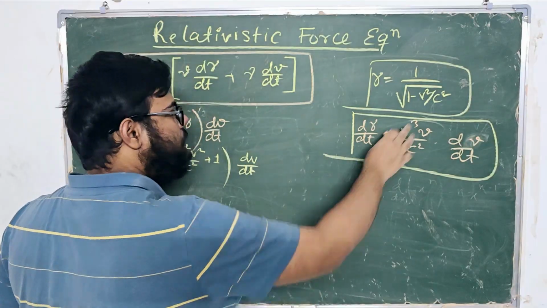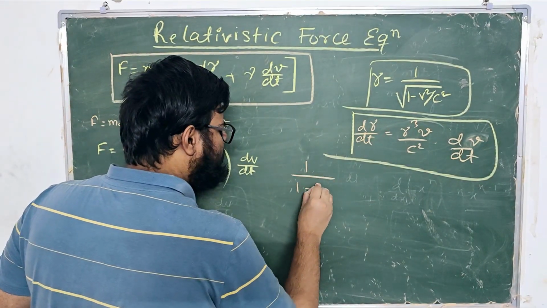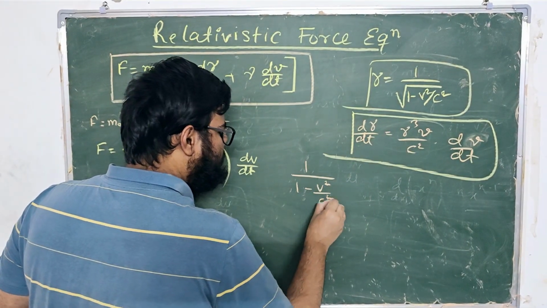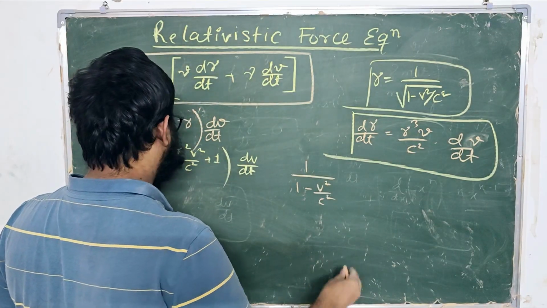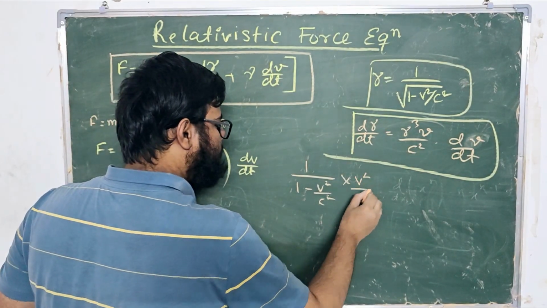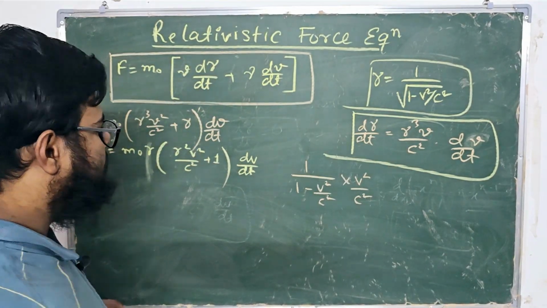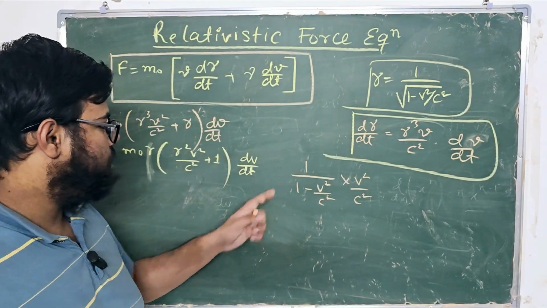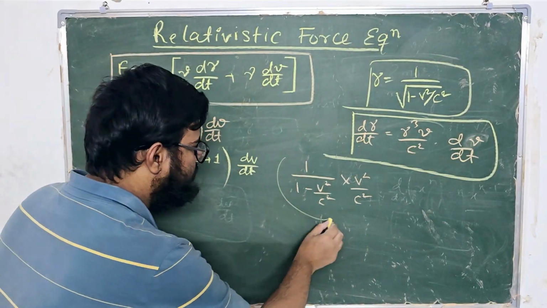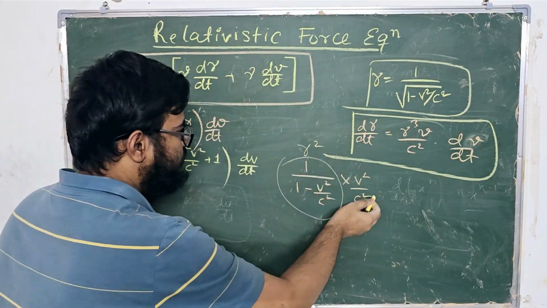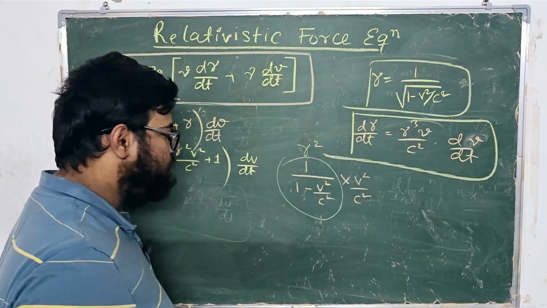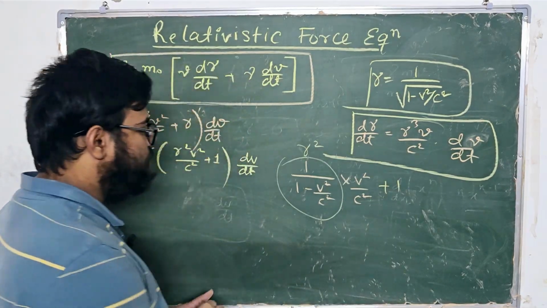So what is gamma square? Gamma square will be 1 by 1 minus v square by c square, times v square by c square, correct? I am multiplying now. This is gamma square, and this is v square by c square, right? Plus 1, correct?